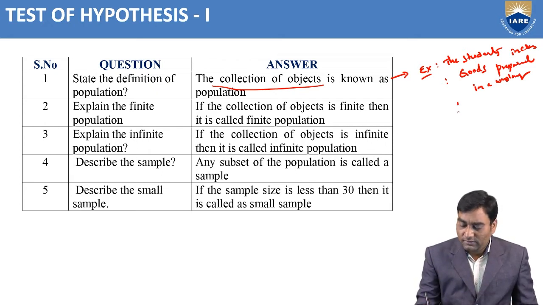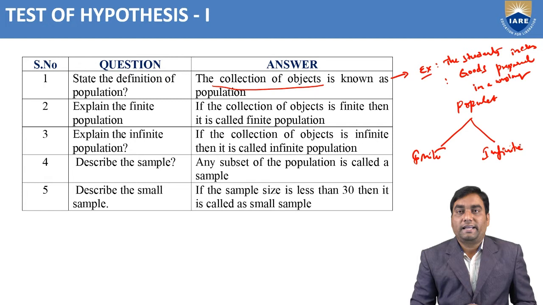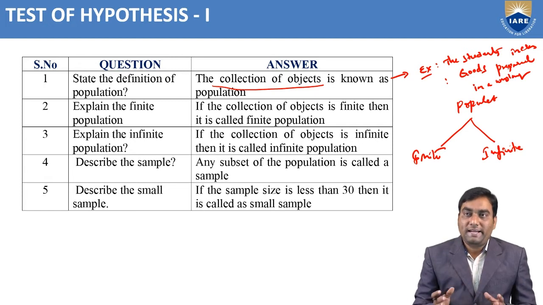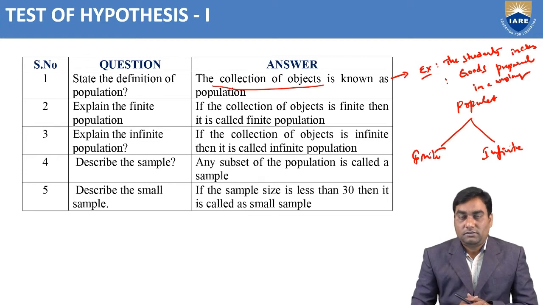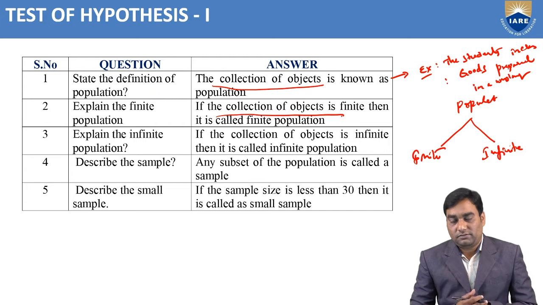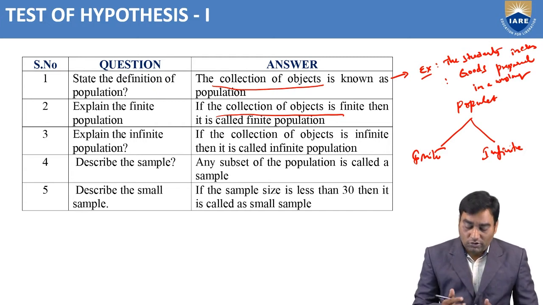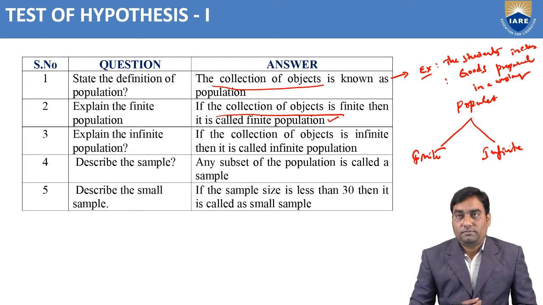This population we can divide into two parts. One is finite population and second one is infinite population. Finite means limited. If the collection of objects are limited or finite or countable, that is called finite population.